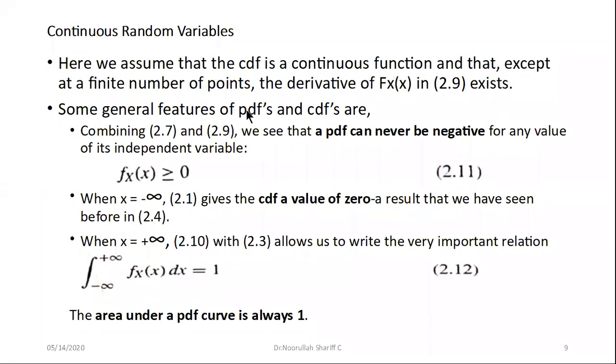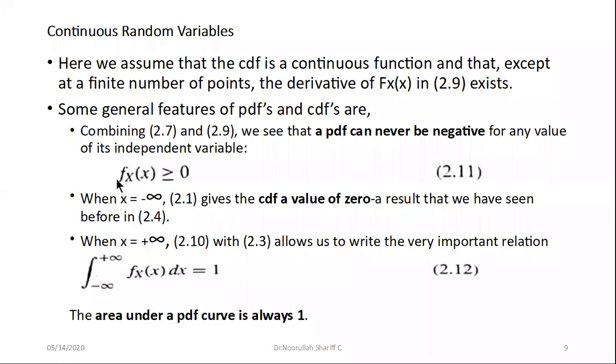Some general features of PDF and CDF, combining 2.7 and 2.9: we see that the PDF can never be negative. The PDF should never be negative. It should be only positive for any value of its independent variable. So PDF cannot be negative at all.